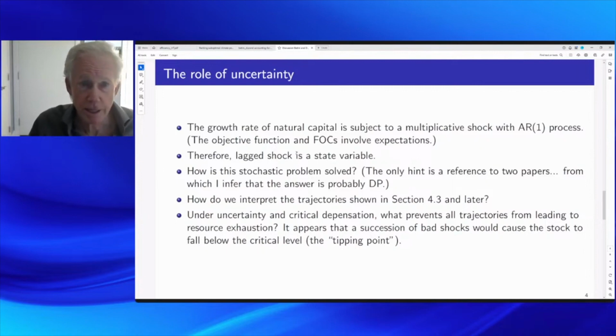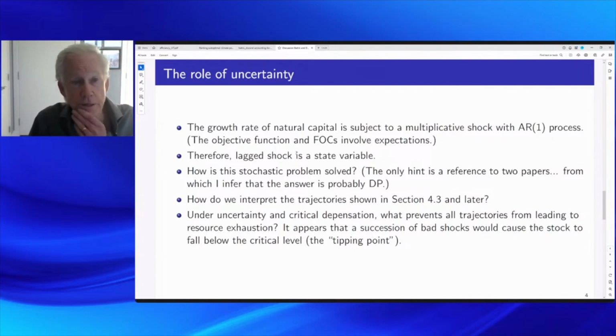So in this case, of course, because this is an AR1 process, the lag shock is a state variable. And I was curious how the problem is solved, and the only hint that I could see was a reference to two papers. And at least one of these papers I know uses dynamic programming. So I assumed that that's what this paper was doing.